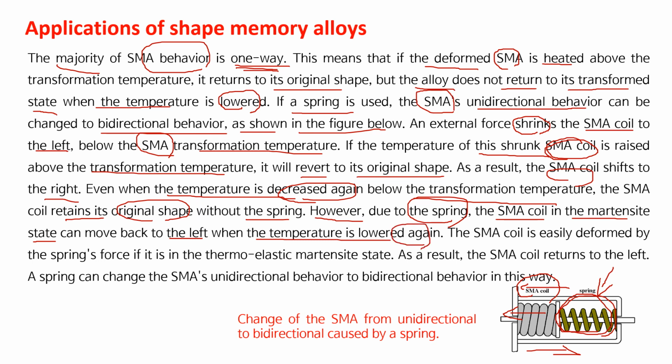The coil is easily deformed by the spring's force if it is in the thermoelastic Martensite state. As a result, the coil returns to the left due to the force given by the spring.